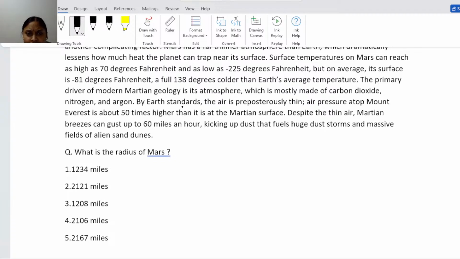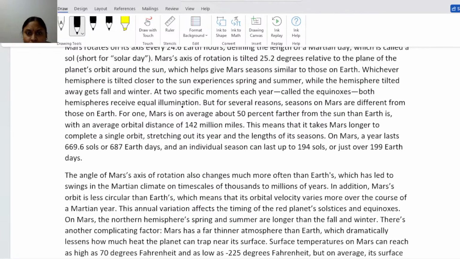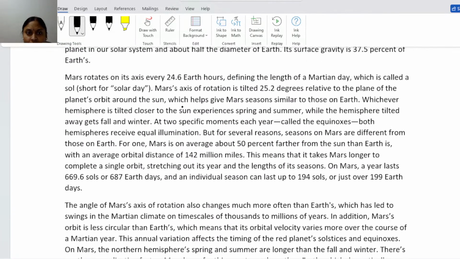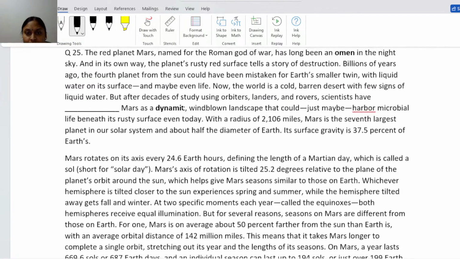In the radius. So wait, I will show you. Here, see here. Landscape with the radius of 2106 miles. Mars is the 7th largest planet in our solar system.